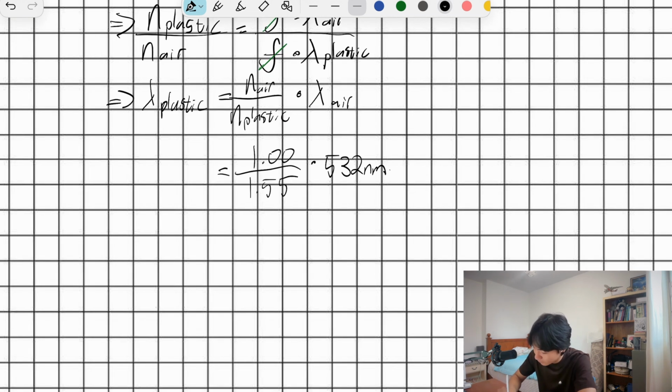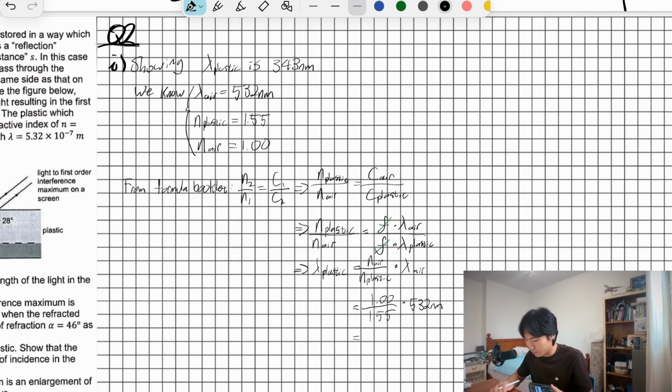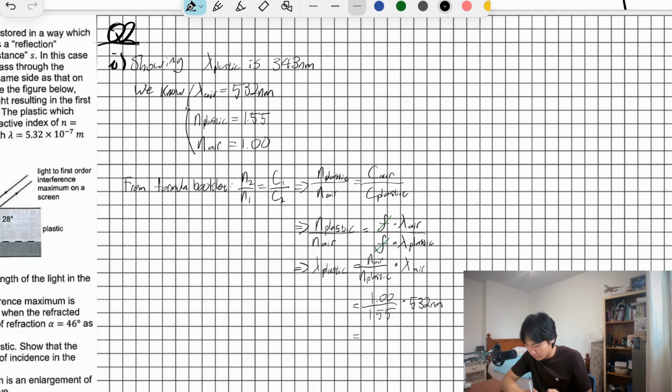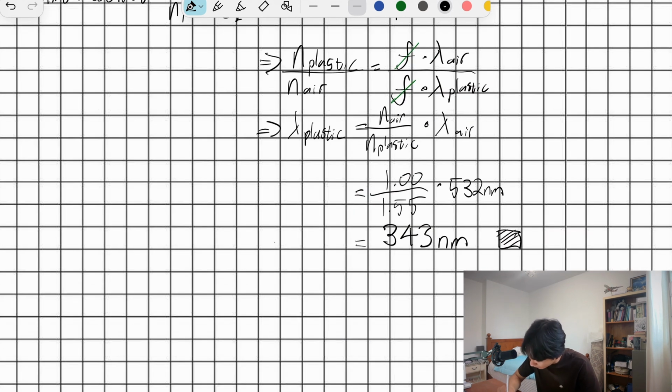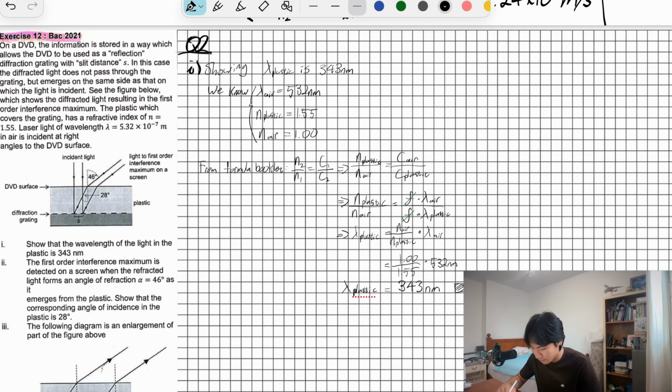If we put this into the calculator, it's 532 over 1.55. Correct? Yep, I put that right. And then we should get exactly 343 nanometers. Hence, proved. We just write it here once more: lambda plastic is this value here. So let's continue with part 2.